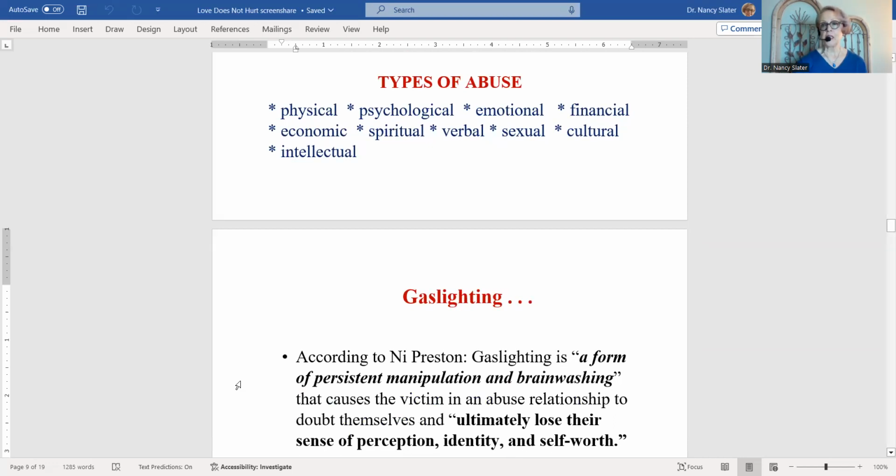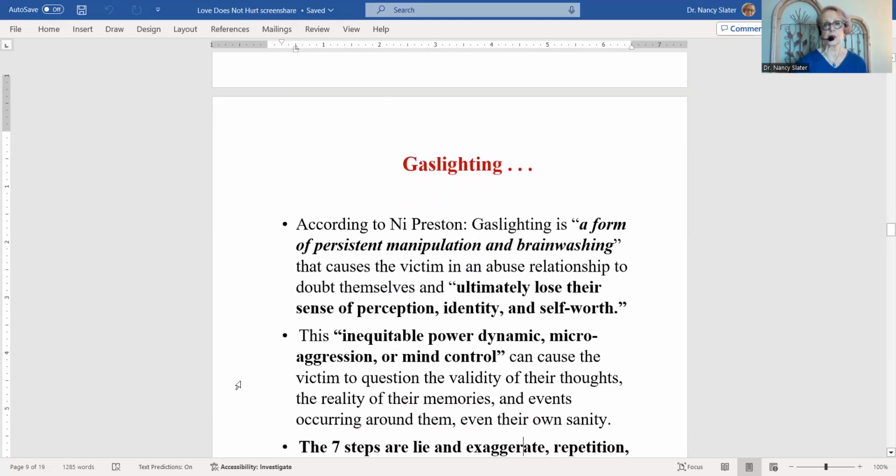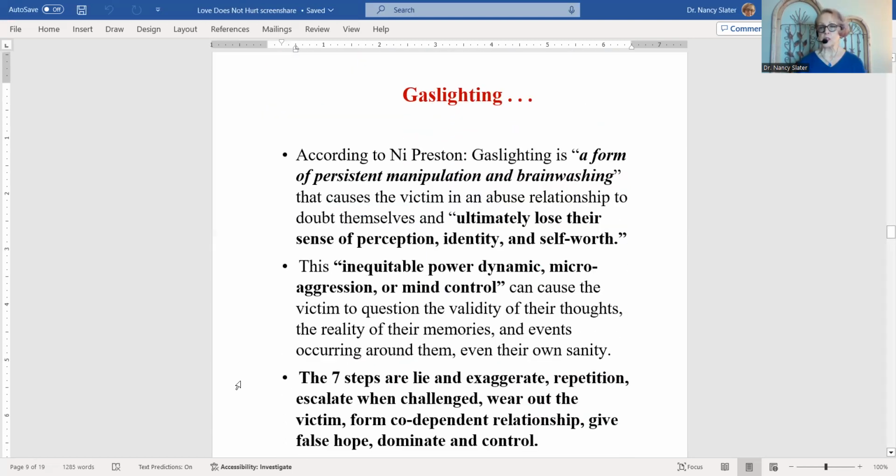And there's a list of the types of abuse. Since we're talking about types of abuse, I want to stop here at gaslighting. What is gaslighting? That's certainly something you may have heard about. There was a movie in the late 1930s, early 1940s, all about gaslighting. But according to Dr. Nye Preston, from his article, which is included in the references in the booklet and at the end of this part two, gaslighting is a form of persistent manipulation and brainwashing.